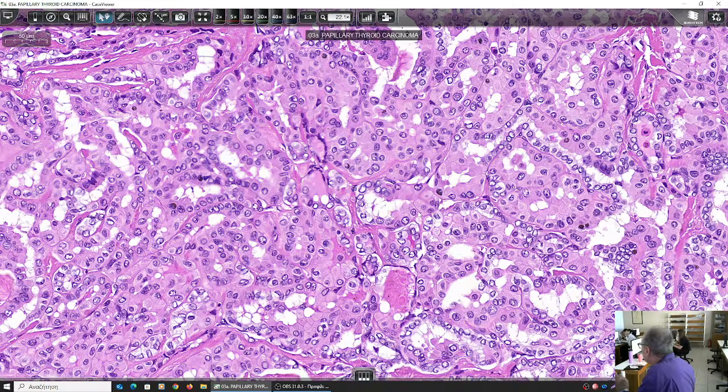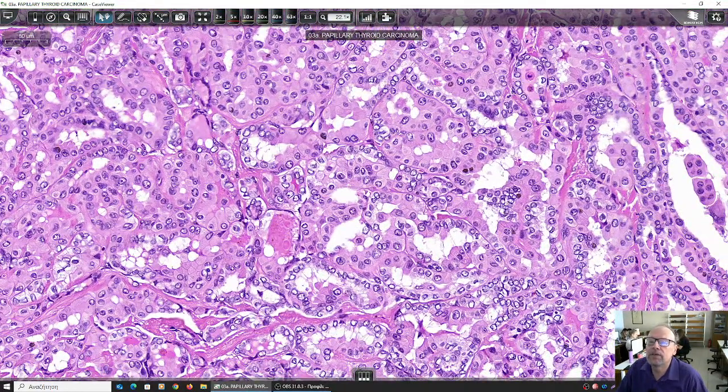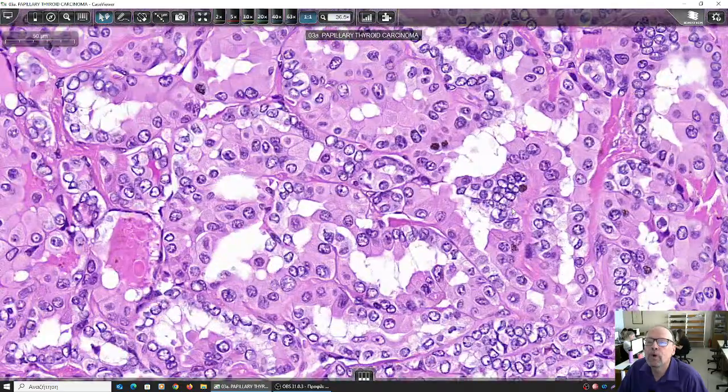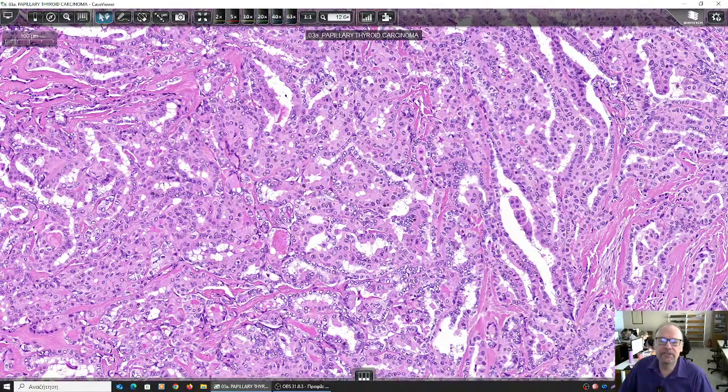The diagnosis is papillary carcinoma as long as we can see the nuclear features. So these are the ones that make the diagnosis.